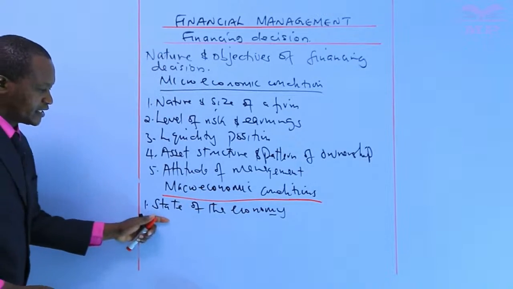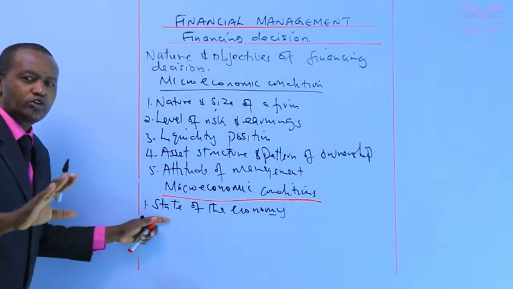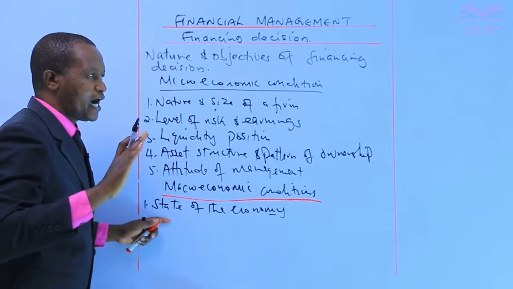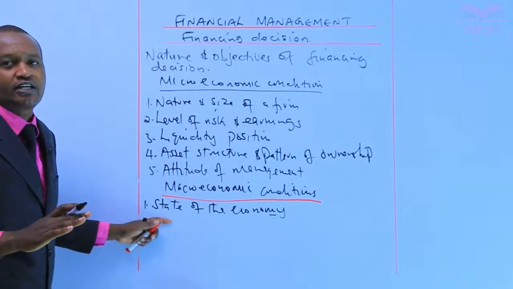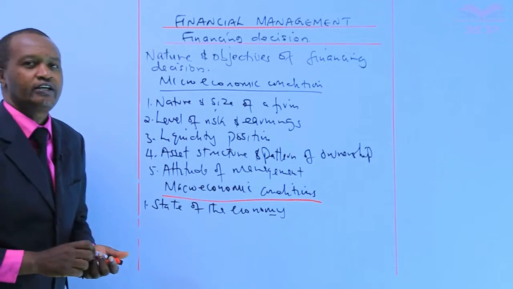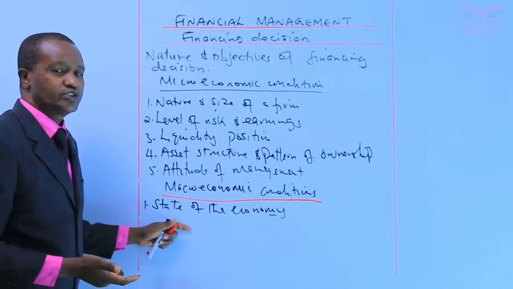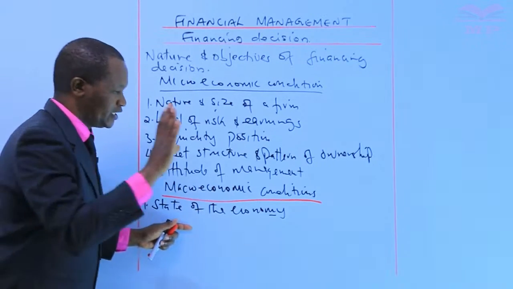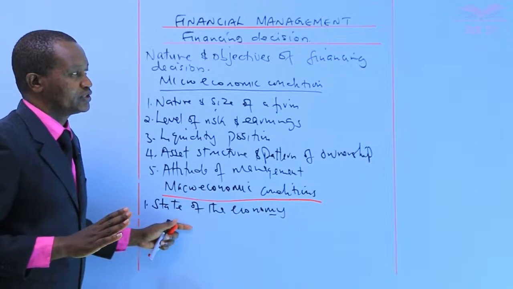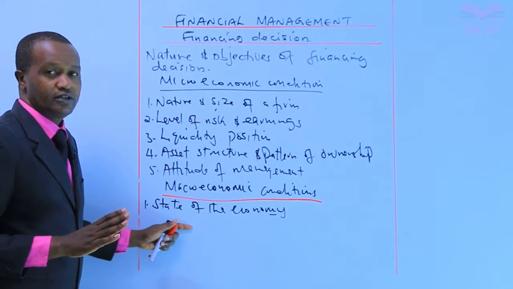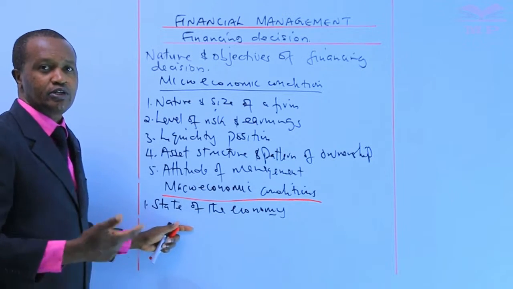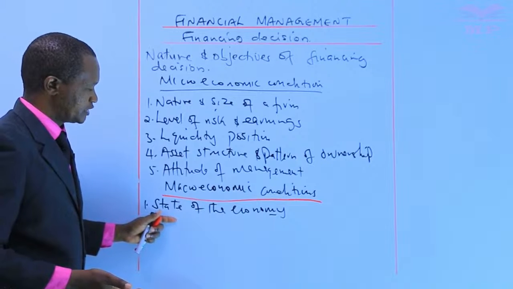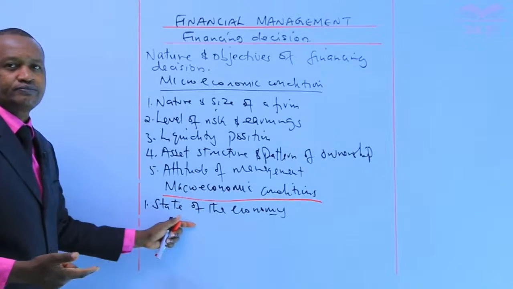Now, on the other hand, candidates, when the economy is experiencing an uptrend, then the finance manager can opt for trading on, say, equity. Why? Because larger profits are assured. When the economy is doing well, the finance manager can choose to raise capital through equity, because in such an economic state of affairs, profits are assured.